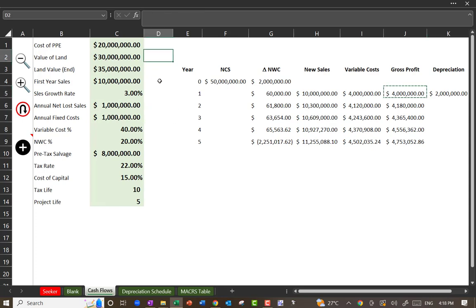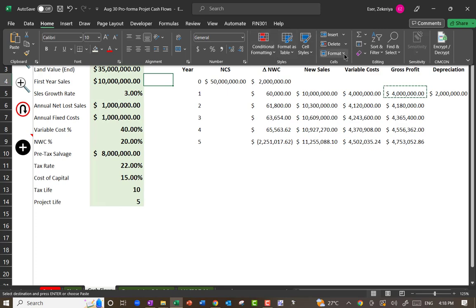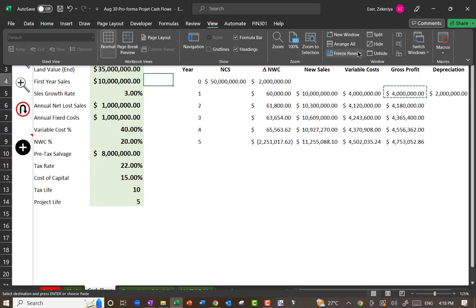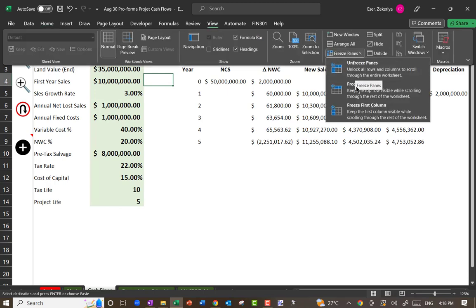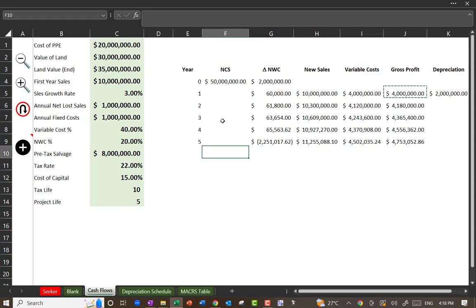Let me also do the following. I'm gonna freeze panes under view. I think I froze it. Oh, it was already done. I'm sorry. I have to keep those over there.